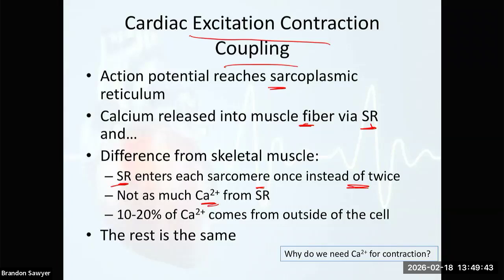So the heart muscle cells have to rely on extracellular calcium to get enough calcium for that contraction to happen. 10 to 20% of it has to come from outside, whereas in skeletal muscle, we don't have that at all. We don't have any extracellular calcium coming in to help with that change in membrane potential and the increase in tension by binding to troponin. So these are three key differences in the way that heart muscle cells contract.